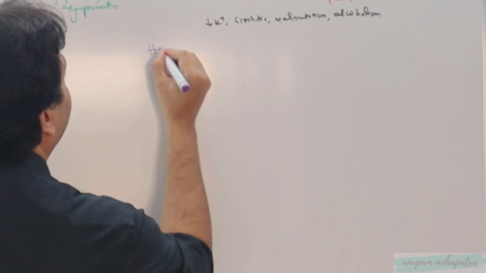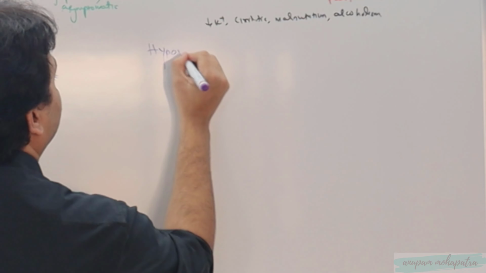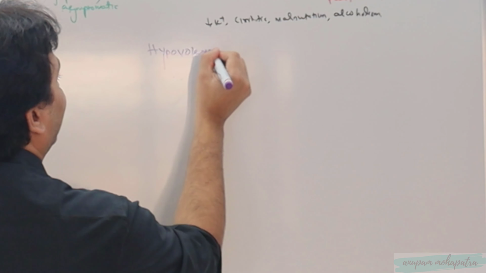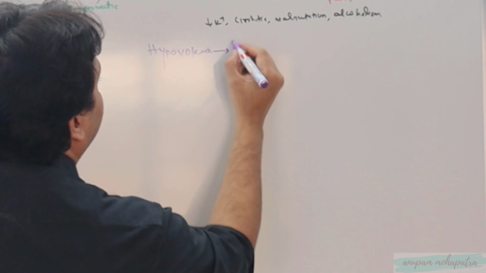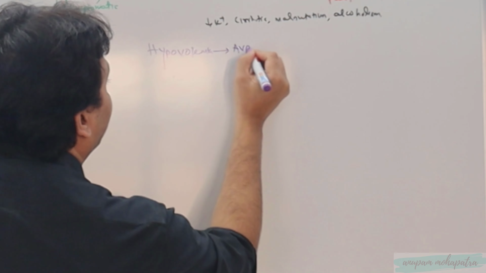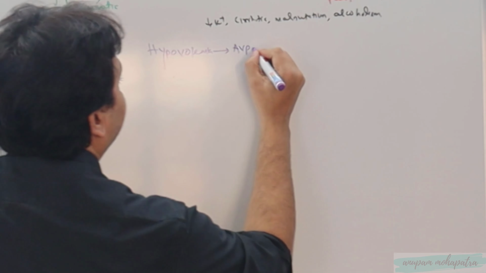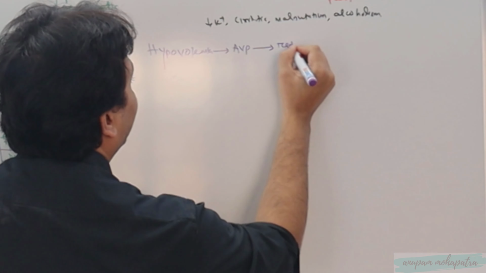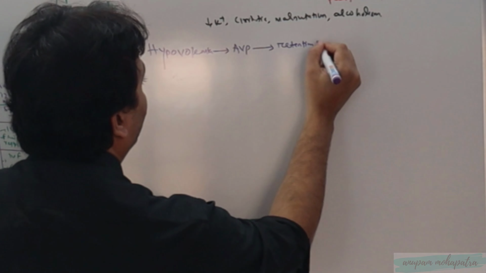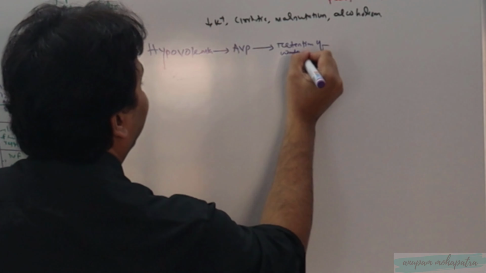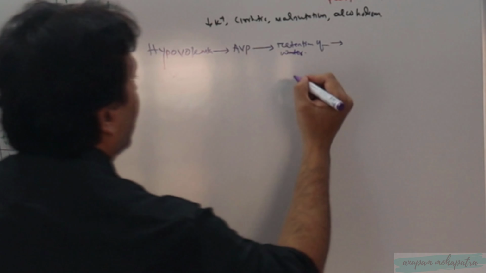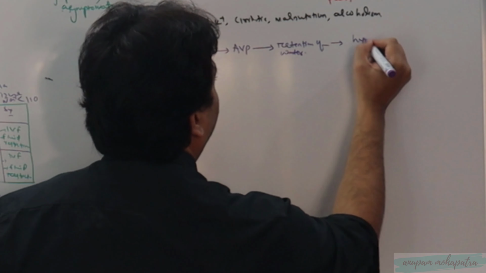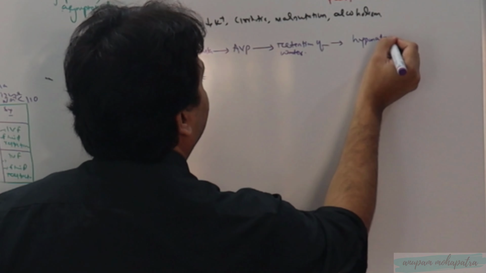Whenever there is hypovolemia, as we discussed in the first class, what will that do? That will secrete AVP from the posterior pituitary. That will cause retention of water via urine, and that will cause hyponatremia. Right?